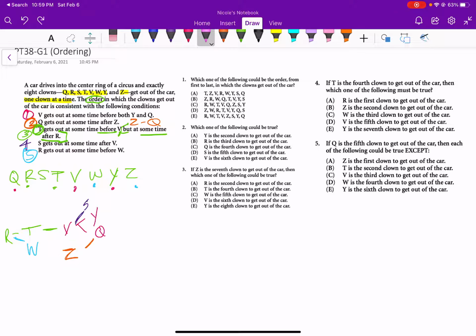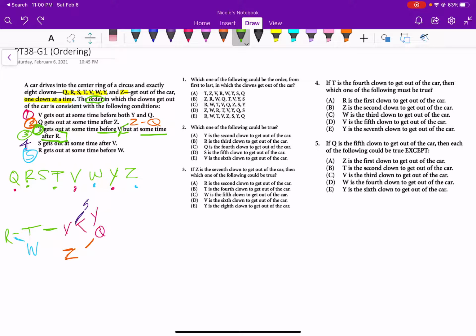And we also want to pay attention to the variables that have nothing to the right of them. So for example, we have W, Q, Y, and S. If there's nothing to the right of them, that means nothing has to go behind them. So all of those could be last.